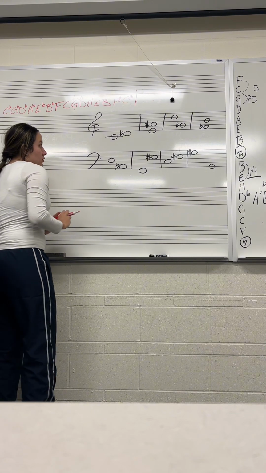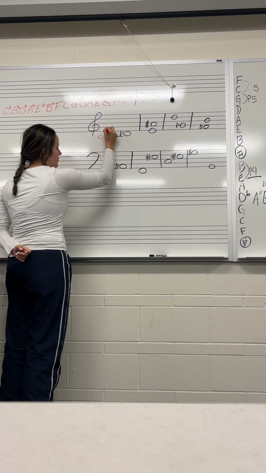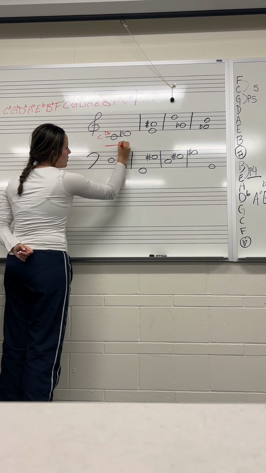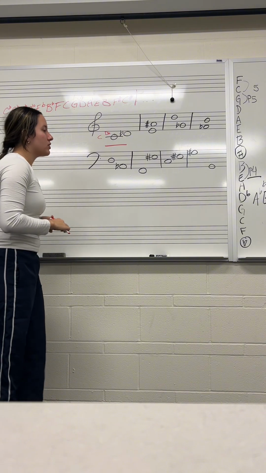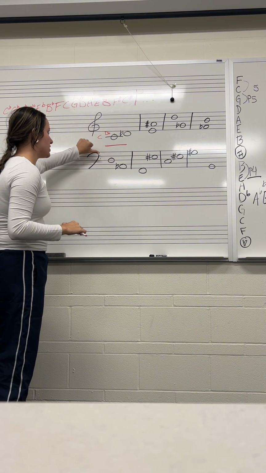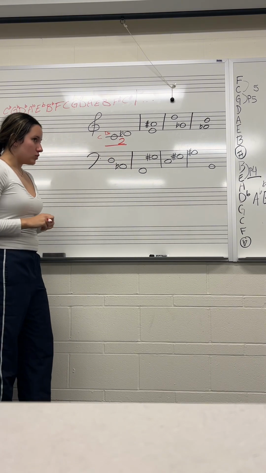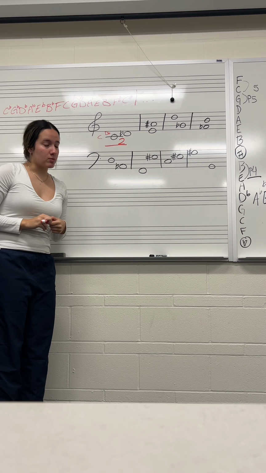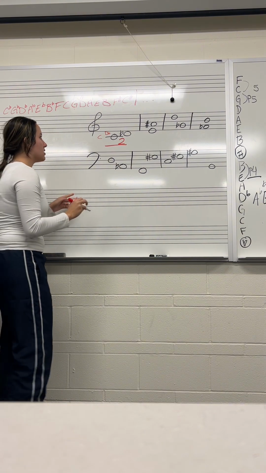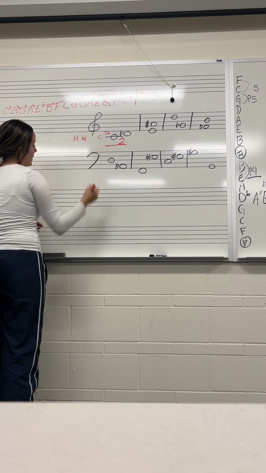Anyway, so for this first example, we have C going to D flat. All right, so one way to figure this out, when you're dealing with the second interval, which is just 1, 2, C to D, you can do one of two things. You could use the key signature method, or because it's a second, it would usually be a half step or a whole step of some kind.